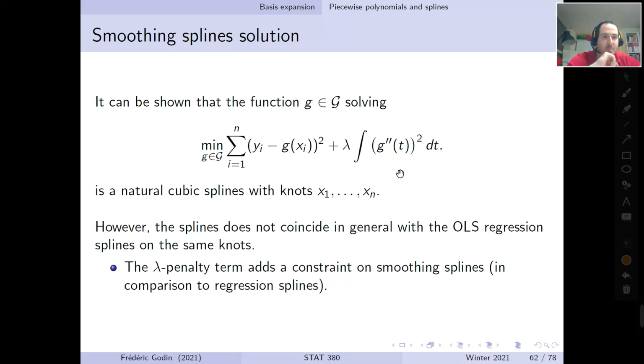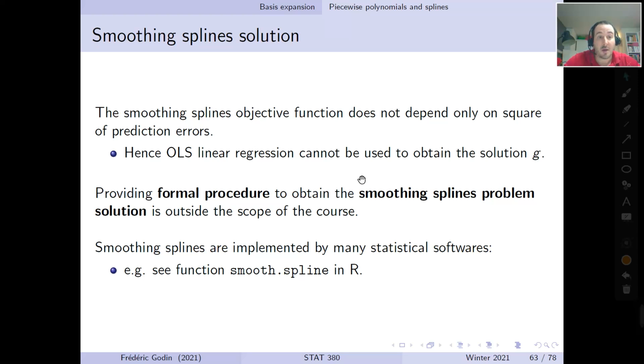Because of that, smoothing splines cannot be estimated with linear regression directly. We saw earlier that cubic splines can be fit through linear regression, but smoothing splines are not as simple. The formal procedure to optimize a smoothing spline is left out of scope. It's a bit more complicated, so we shall not discuss that here.